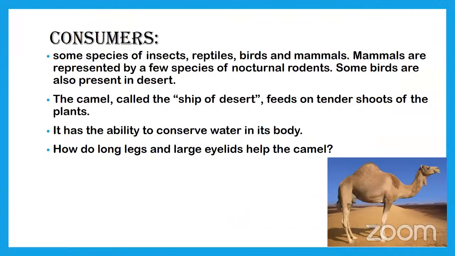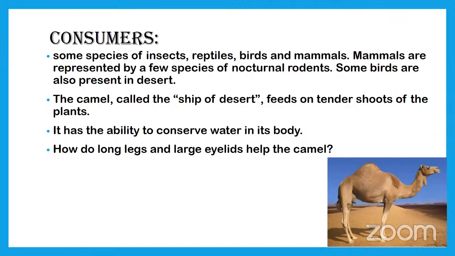Consumers. What are the consumers? We have seen up to now various kinds of cactus plants and algae, lichen. Those are all producers. And we come to consumers, various kinds of consumers present in the desert ecosystem. Those are insects, reptiles, birds and mammals. Reptiles means crawling animals. Here, mammals are the nocturnal animals.